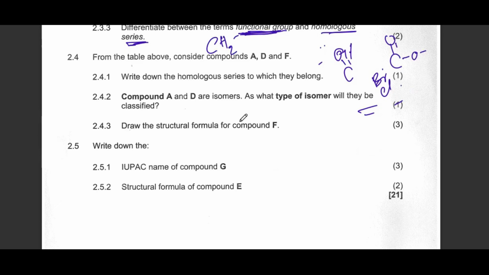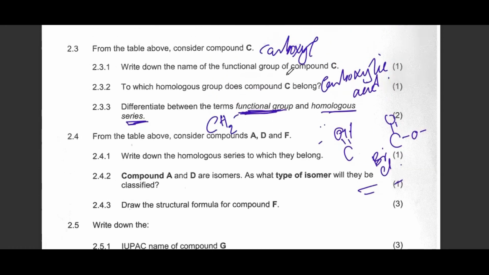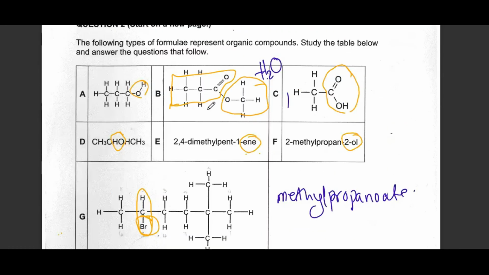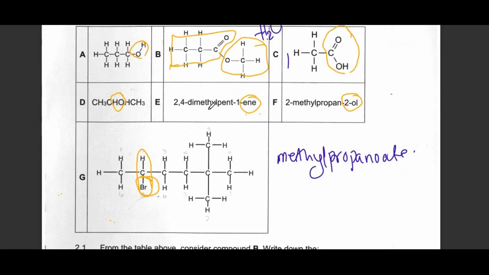And then they are saying, write down the homologous series to which A, D, F belong. A is alcohol. D is alcohol.